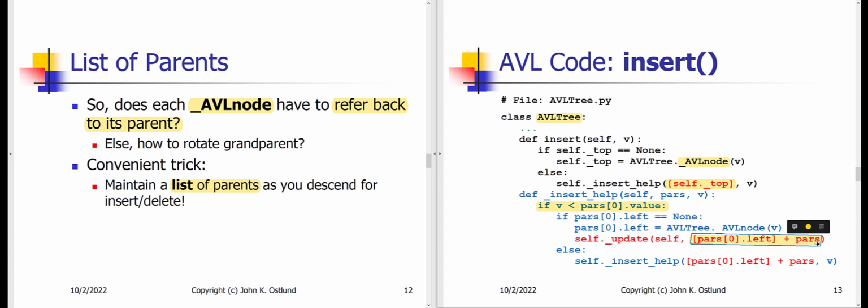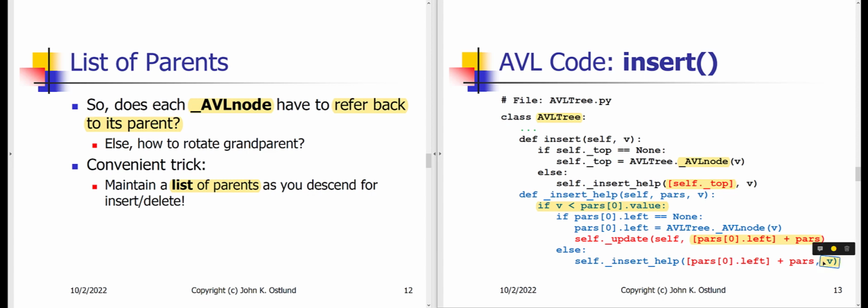We've got our current node, we've got its parent node, then the parent's parent, the parent's parent's parent, et cetera, et cetera. On the other hand, if the left subtree already has stuff in it, we're going to need to call insert help, once again adding the left-hand node as an ancestor of the new node that we're going to add, and passing down v here.